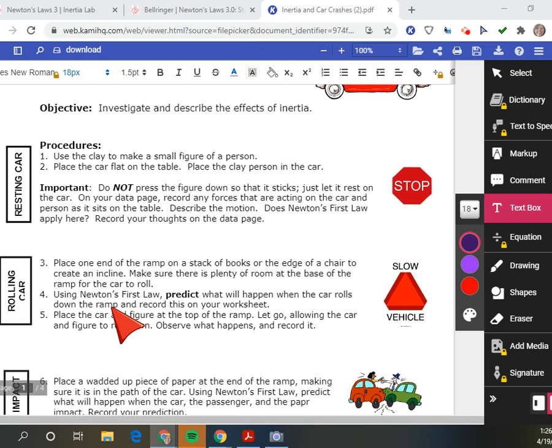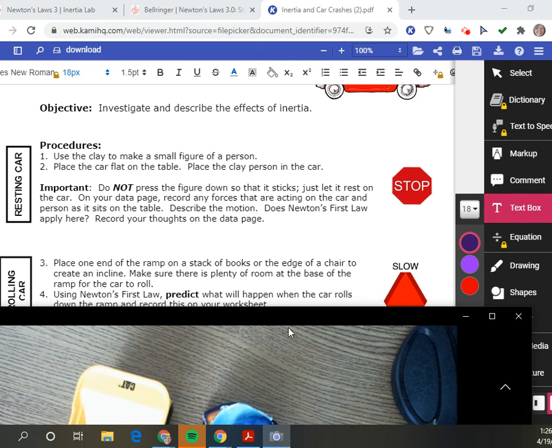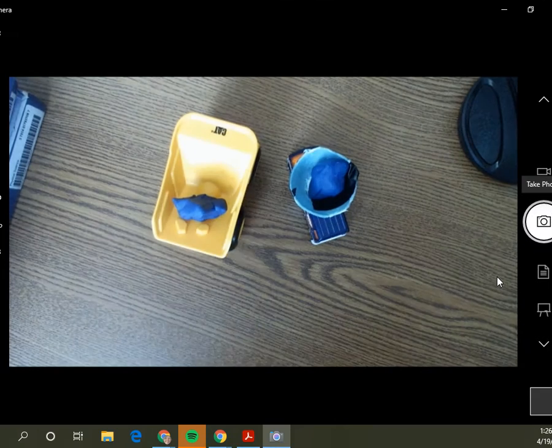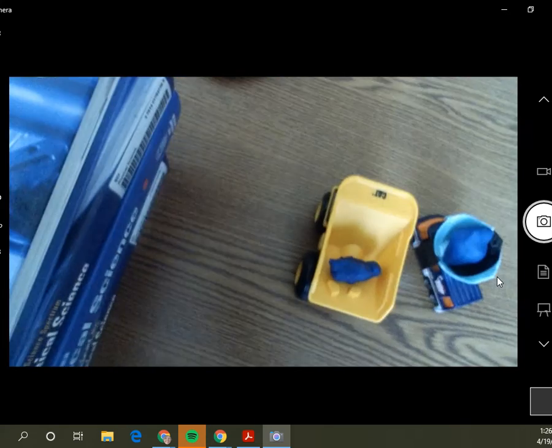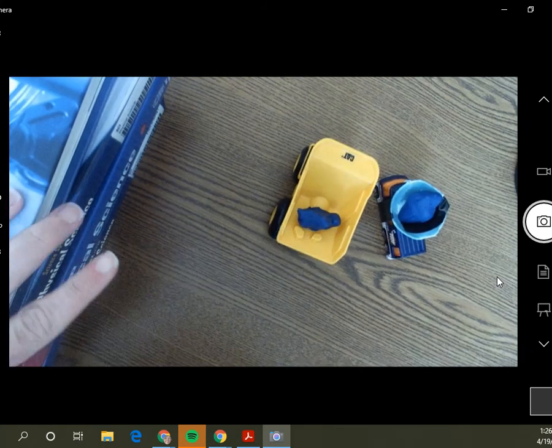Okay. So let's set that up. We probably should use it over there, but we are going to have our books, and we'll put the camera up there so that you can kind of see what we're trying to do here. All right, so here's our stack of books.